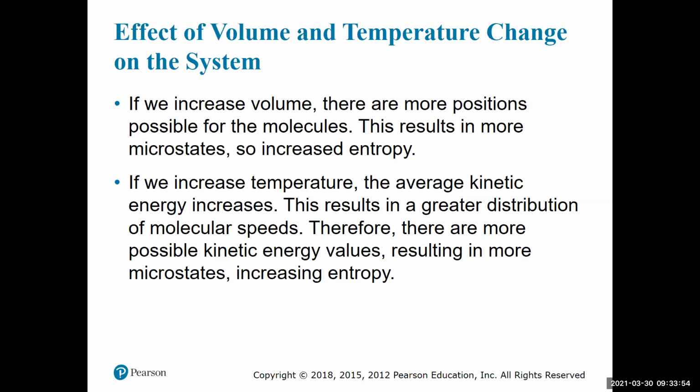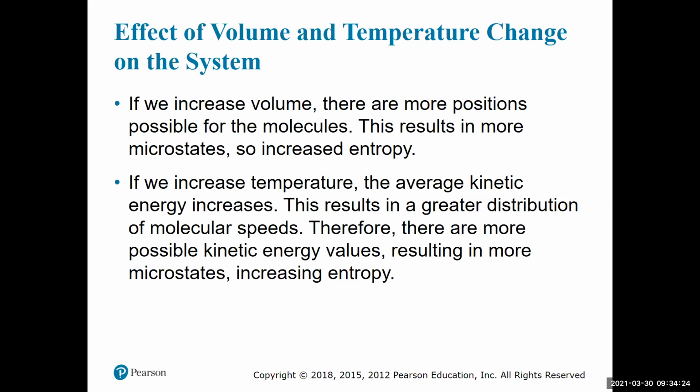If we increase the temperature, what happens to those gas molecules? They start moving around more, right? We've said that before. You have a gas, you heat it up, the molecules move a little more quickly. So that means we've increased the average kinetic energy. If we've got a greater distribution of molecular speeds, then there's more possible kinetic energy values, resulting in more microstates, resulting in increased entropy.